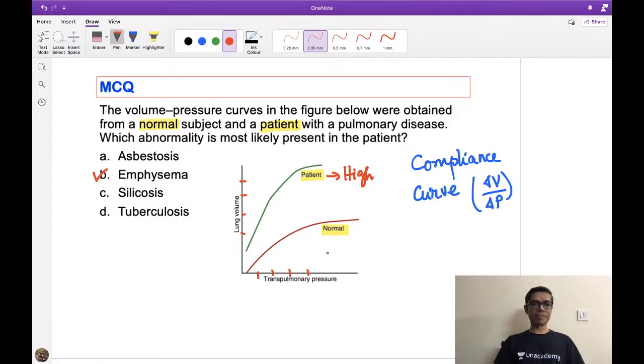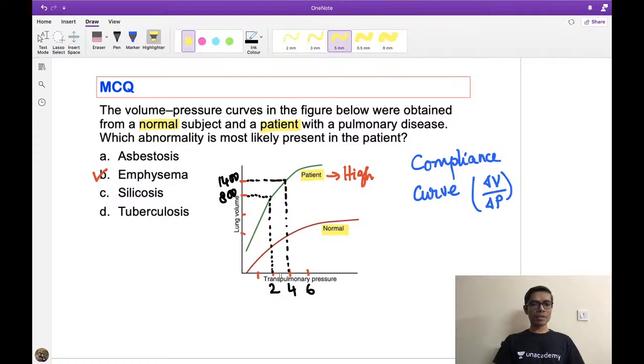If you are asked to measure the compliance of the person with emphysema, you drop perpendiculars from the curve to each axis. Suppose the pressures are given as 2, 4, 6, and the volumes around 800 and 1400. Now I can easily calculate the compliance.